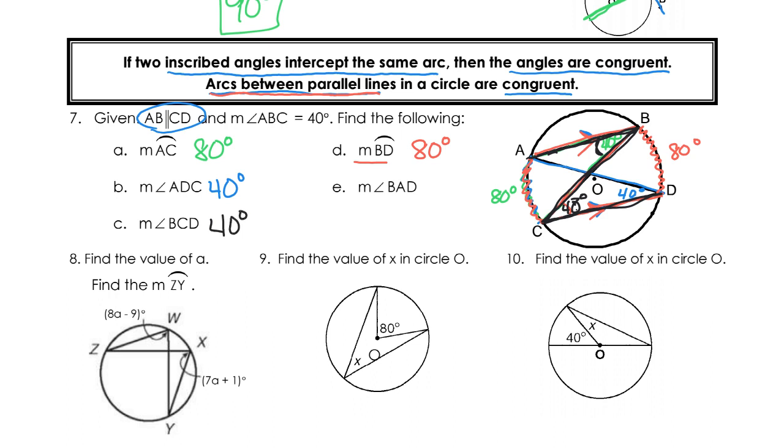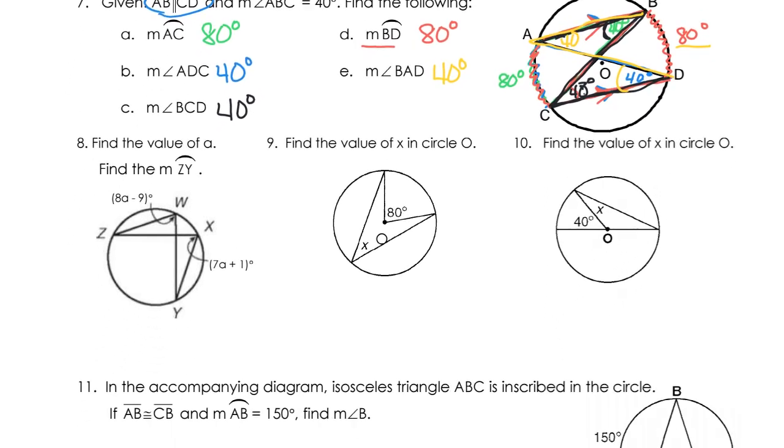And then our last one, the measure of angle BAD. So B to A to D. Well, we could either go with alternate interior angles and copy the 40 up here, or we could look at the arc and say that half the arc equals that inscribed angle, so this has to be 40 degrees. So lots of ways of looking at it.